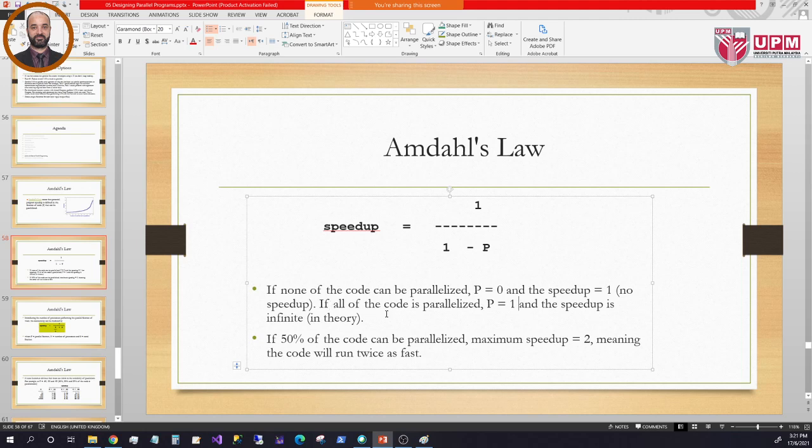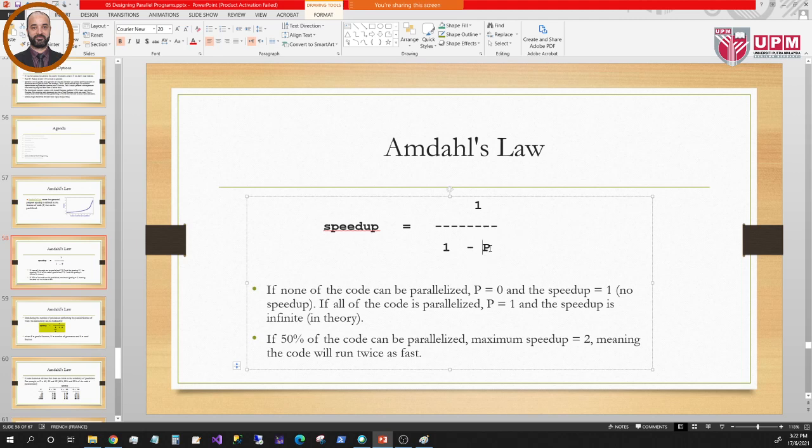If all of the code is parallelized, P will become closer to 1 and the speedup is infinity in theory, because 1 minus 1 is going to be 0, and 1 over 0 will be infinity. But here P cannot be equal to 1.